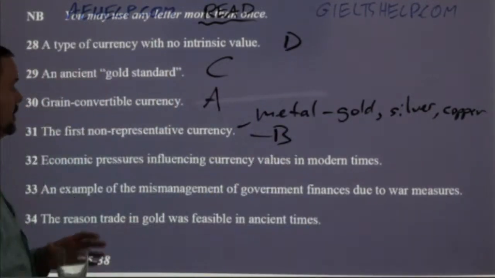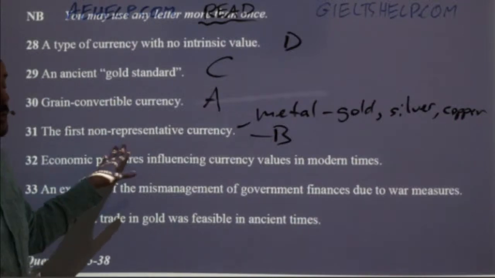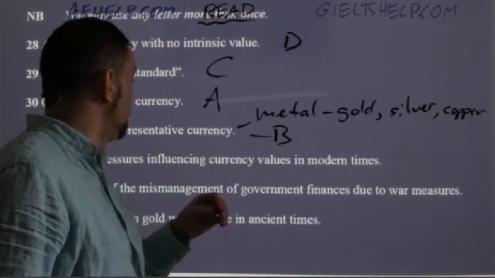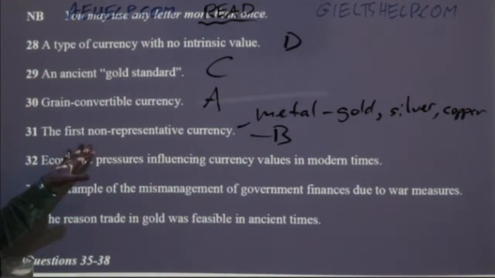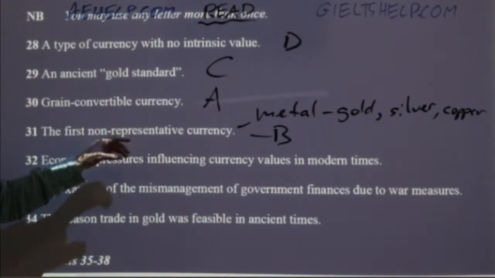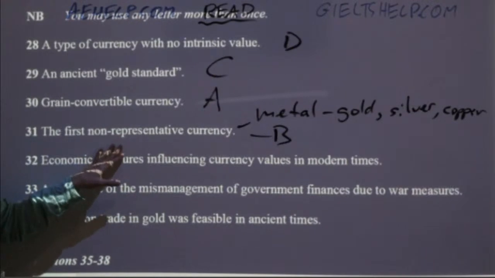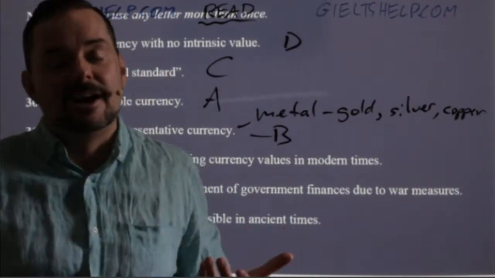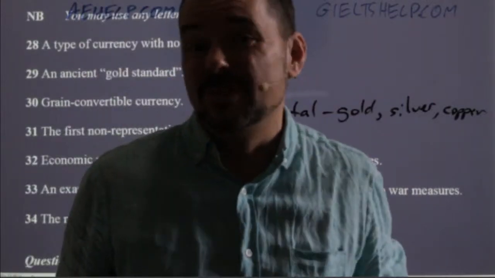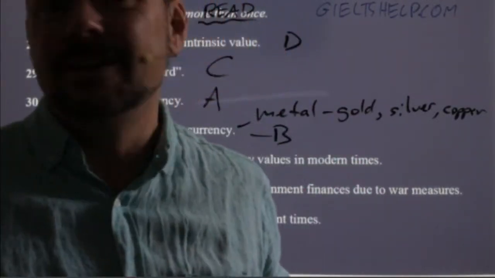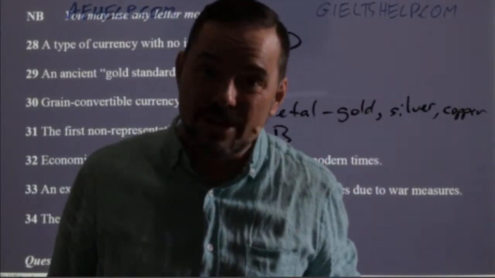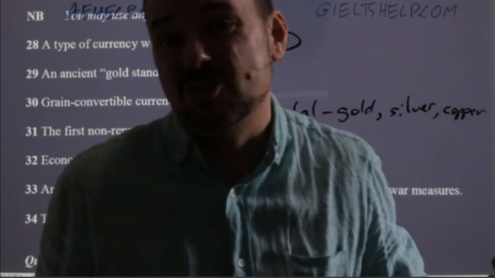Because it means that the money doesn't represent a grain of rice or a chicken or a cow, right? So here, non-representative, it's a tougher question, but non-representative means that the money doesn't actually represent something of usable value for humans. I mean, at the end of the day, people, you still can't eat gold. It looks shiny, it's pretty, but if you're hungry, you're going to trade it for a chicken or a cow because you can't eat it.